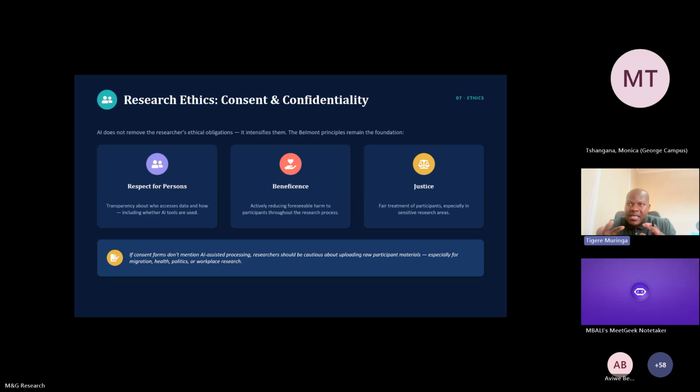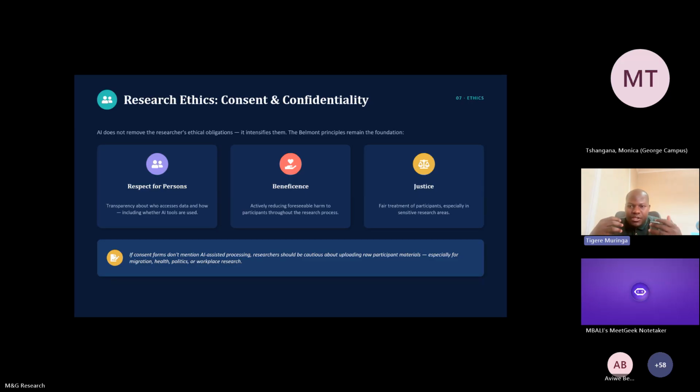In sensitive research involving migration, politics, employment, health, violence, sexuality, corruption, or institutional misconduct, confidentiality breaches can expose participants to social, legal, economic, and reputational harm. So if consent forms don't mention AI-assisted processing, researchers should be cautious about uploading raw participant material, especially for issues of migration, health, politics, and workplace research.